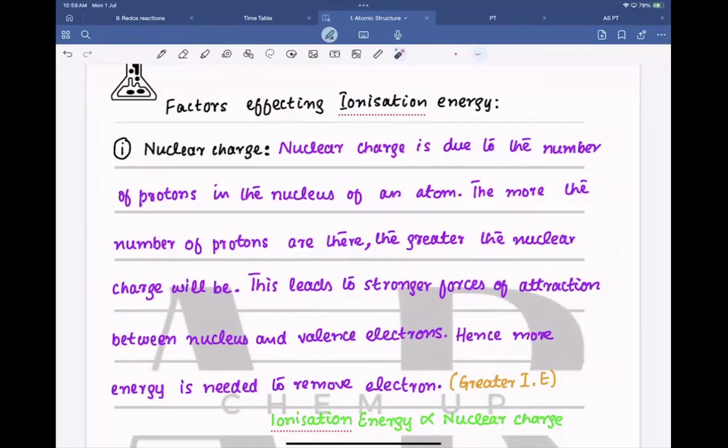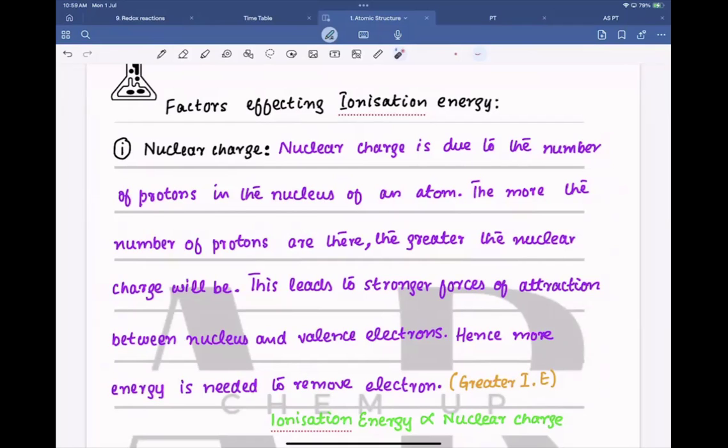Yes, sir. So it means that we need an amount of energy which is greater than the force of attraction, and as a result, the electron overcomes the nuclear forces of attraction and comes out of the atom, right? Yes, sir. Okay.